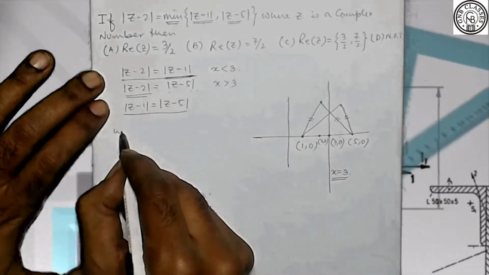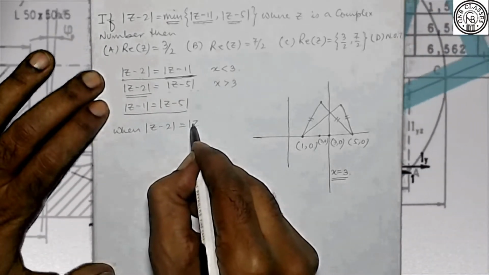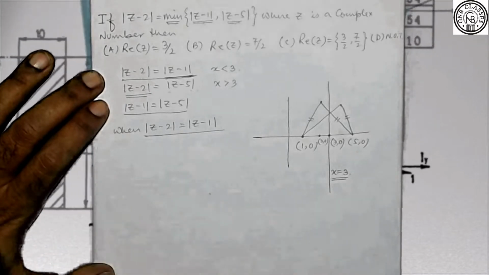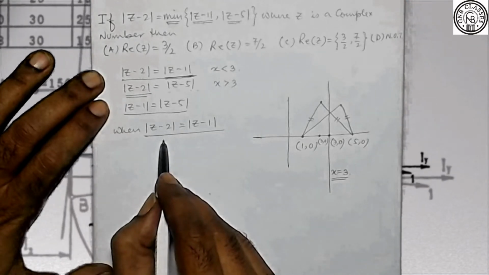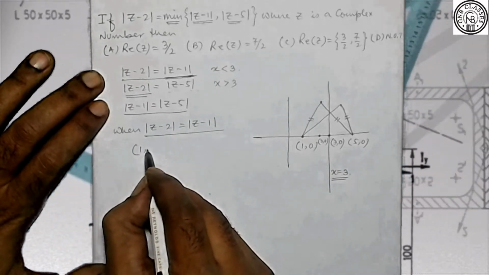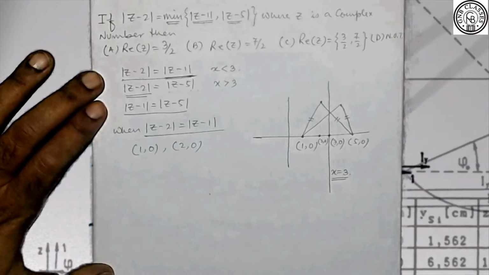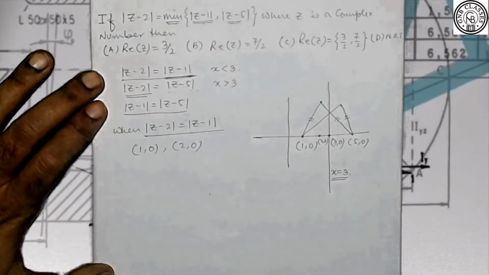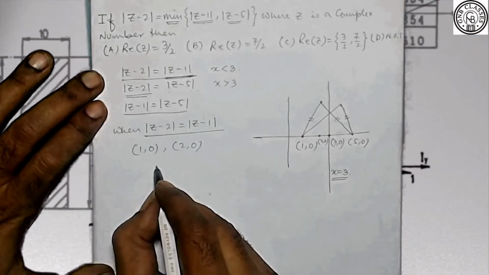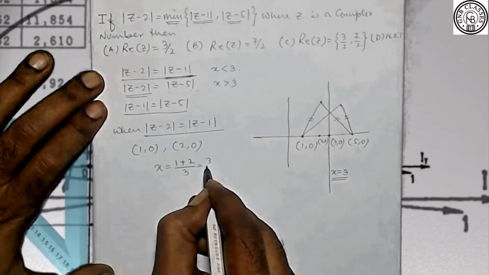Is it clear? Now when mod of z minus 2 is equal to mod of z minus 1, this indicates that z is lying on the perpendicular bisector of the line joining 1, 0 and 2, 0. That is, the complex number z is lying on the line x equals 3 by 2.